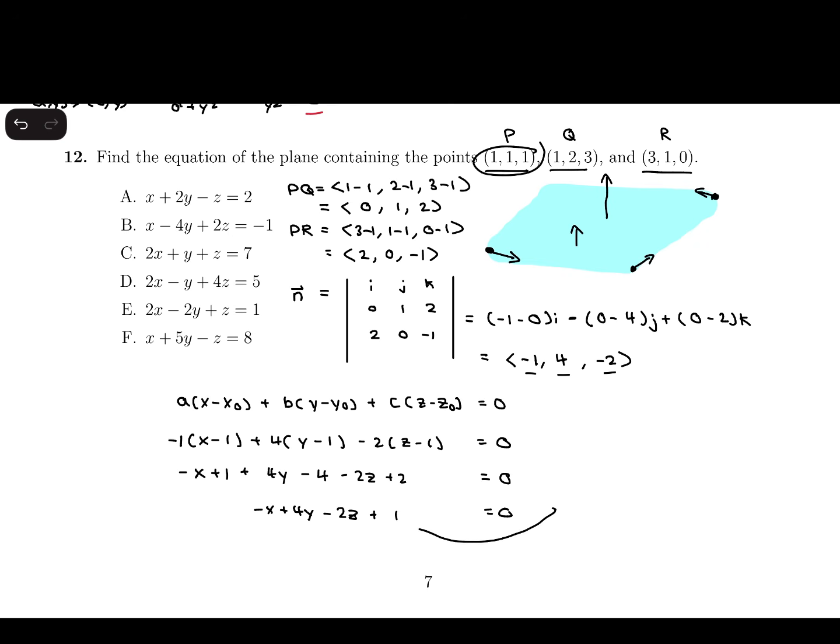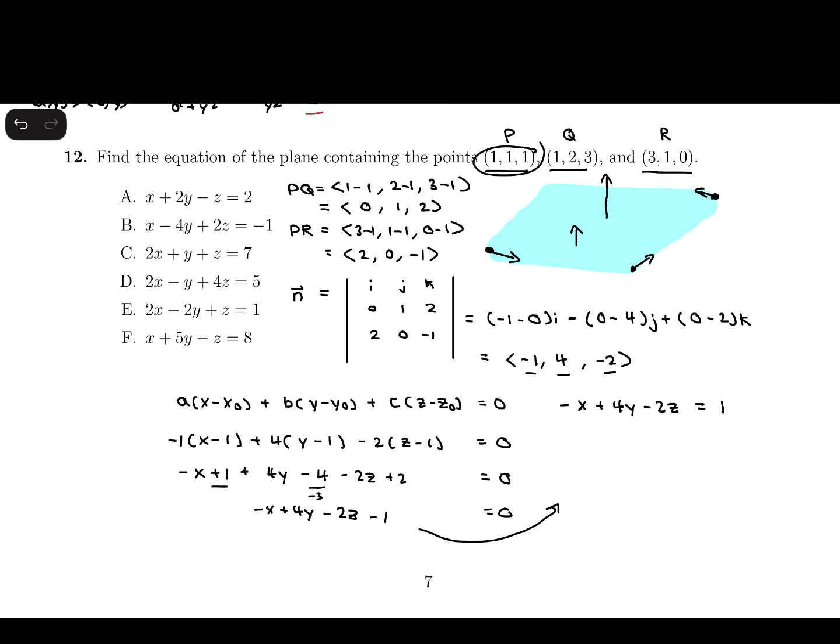So if we transfer this over, you get negative x, sorry, should be a plus. Wait, am I correct? I think I may have done my math wrong here. 1 minus 4, negative 3 plus 2, negative 1. Yeah, I was wrong. And then in this case, you just get negative x plus 4y minus 2z is equal to positive 1.